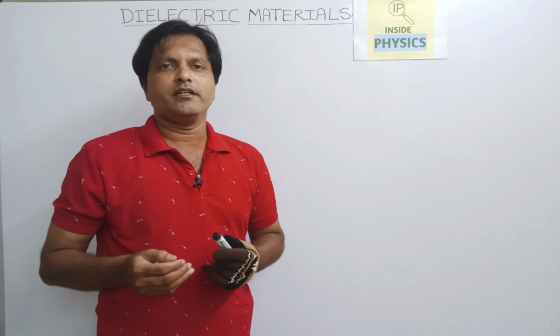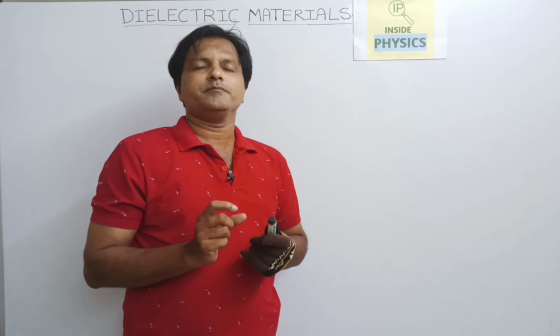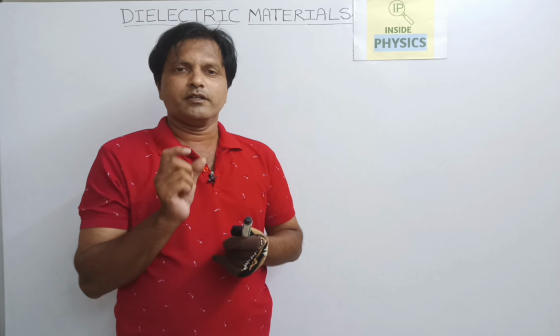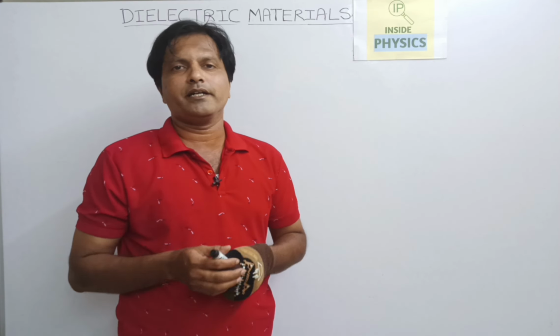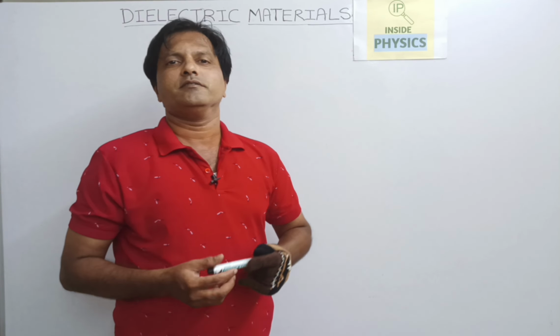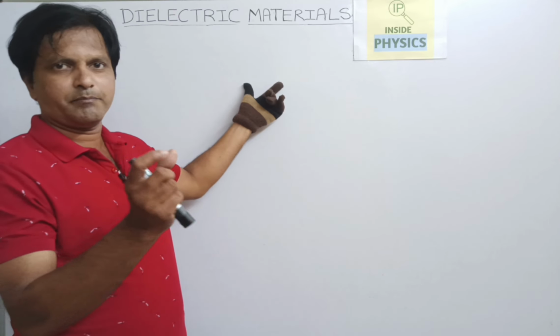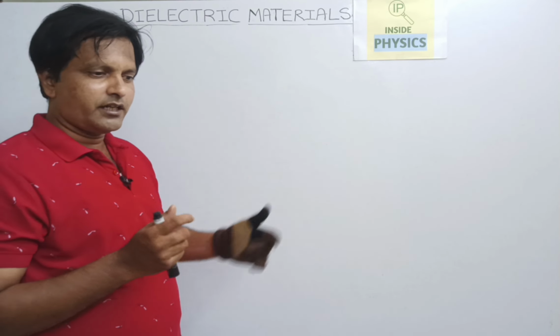We already studied that whenever we place a dielectric material as the medium between two parallel plate capacitors, the capacitance will be increased because of the dielectric medium between the plates. So what does the dielectric do?